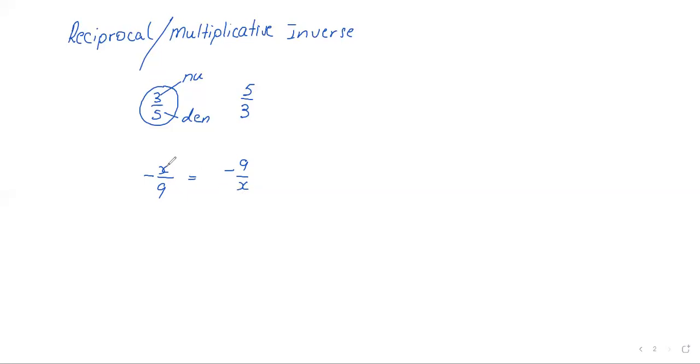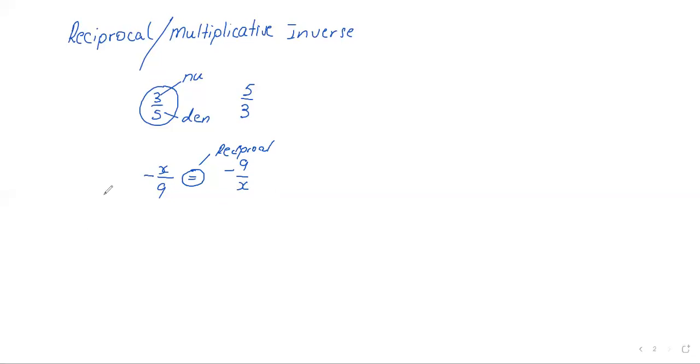The multiplicative inverse, the reciprocal, of negative x over 9 is negative 9 over x.